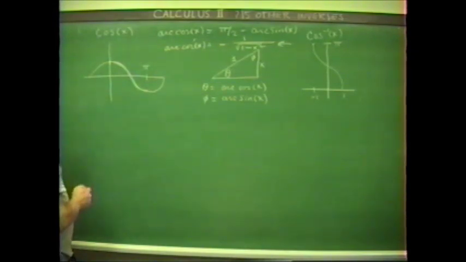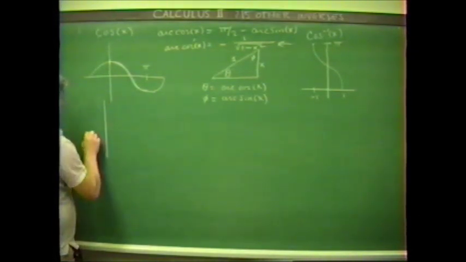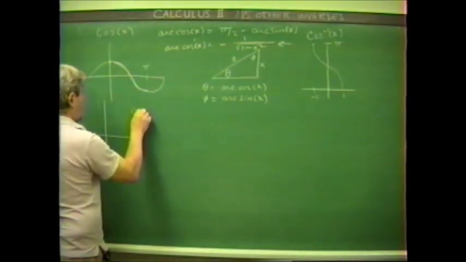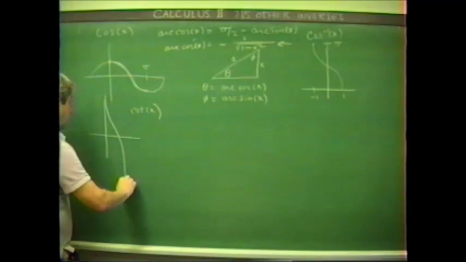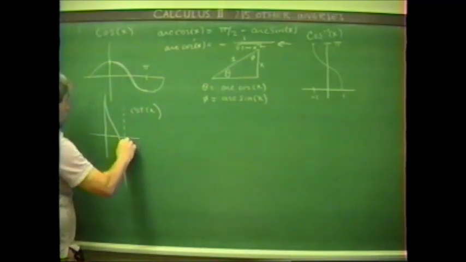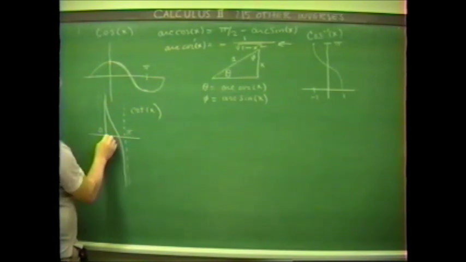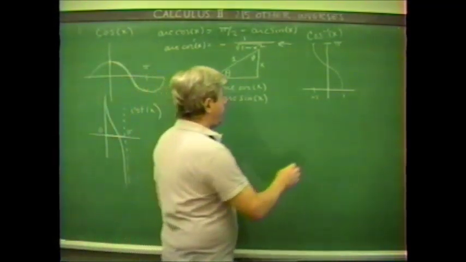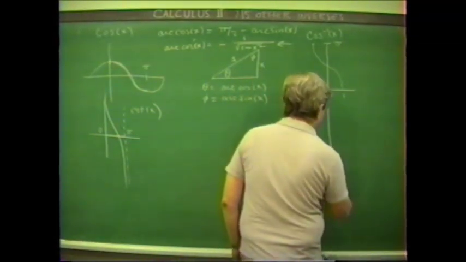The same situation is going to hold true for the cotangent. Cotangent of x looks like this and repeats. And the natural place to use for the inverse function is between 0 and pi, so that we end up over here with cotangent inverse looking like this.